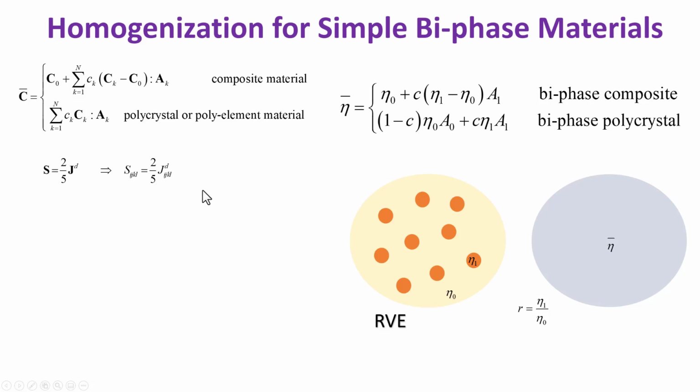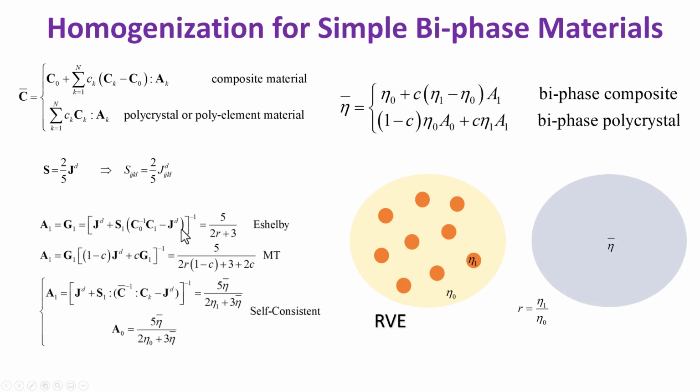For such simple materials, these effective stiffness expressions are reduced to an effective viscosity expression. The expressions are scalar equations. The effective viscosity is related to the viscosities of the two phases and related strain partitioning tensors.